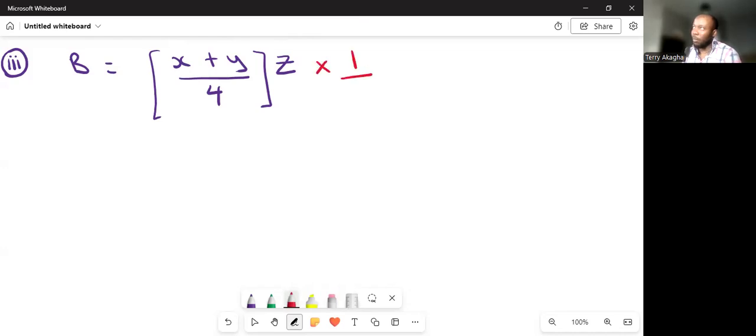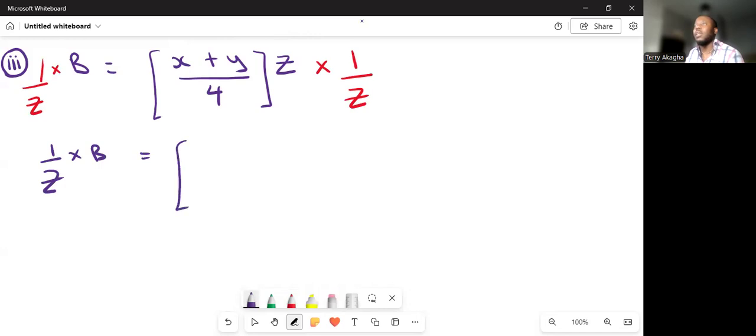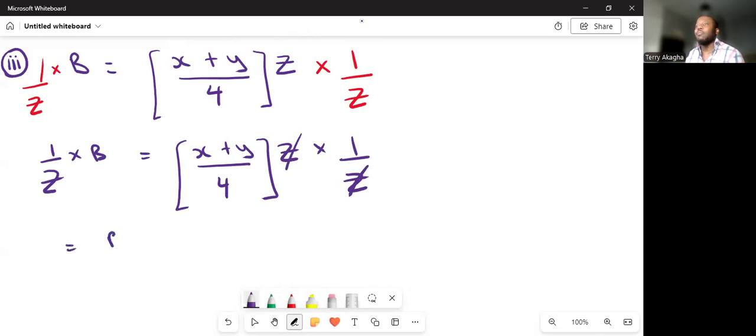So I'm going to multiply this by 1 over z. Then I also have to multiply the left-hand side by 1 over z. So it's going to give me 1 over z times b equal to (x plus y) over 4z times 1 over z. So this will cancel that, and we're now going to have b over z equal to (x plus y) divided by 4.